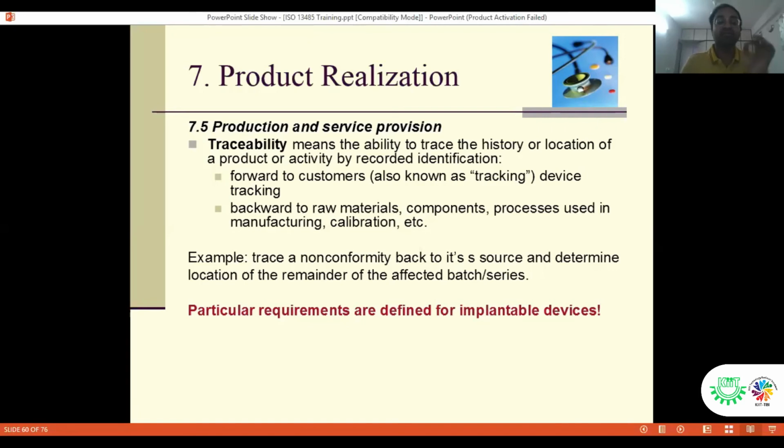That's why traceability is very important to maintain. Starting from your raw material entry to dispatch, you have to have a batch manufacturing record, and in that record, lot number and batch number should be clearly and well defined for each and every batch.